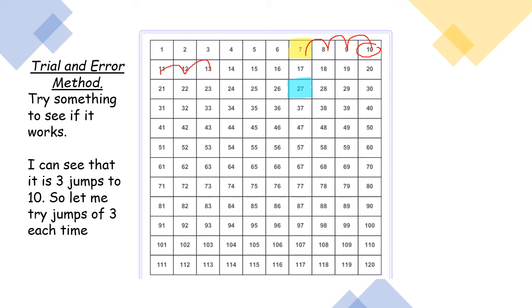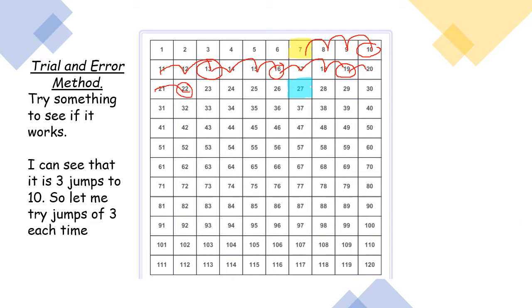That's 3 jumps. 13 plus 3, 1, 2, 3 is 16. Another 3 jumps, 1, 2, 3, that's 19. 1 jump, 2 jumps to 21, 3 jumps to 22, that's 3 jumps.